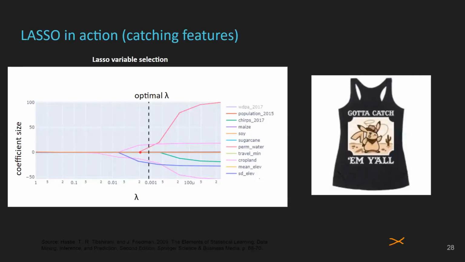Some enter a little later, but then reach quite high values as we further decrease the penalty. So this is related here to the population density. So this way we can see the relative importance of these features for prediction, because what determines them coming into the model when we go here from left to right is how much they matter for the mean square error.